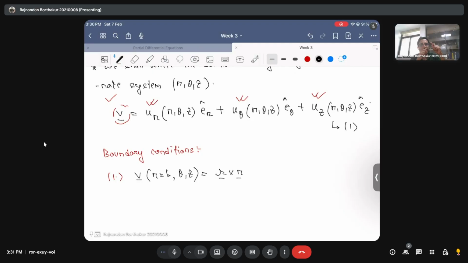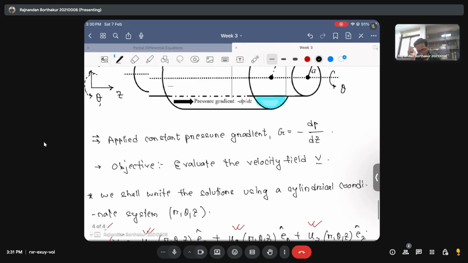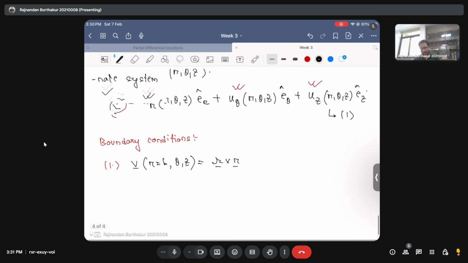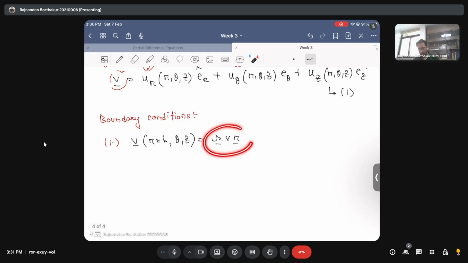Basically r is the distance from which you are looking at the rotation of this object, which is b in this scenario, because there is only a rotation of the cylinder at r equal to b and at r equal to a. But in general it is going to be omega cross r.